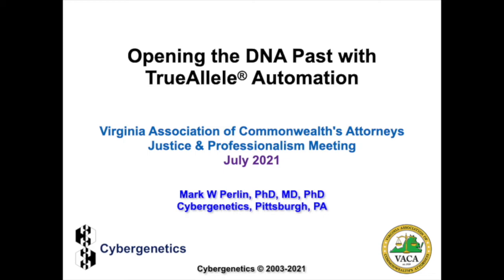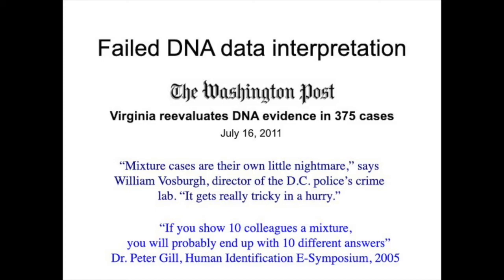So let me go back 10 years, almost exactly, to a Washington Post article about Virginia reevaluating DNA evidence in 375 cases. This was an initial example of failed DNA data interpretation. And I'll be talking about what caused that failure and what the response was.